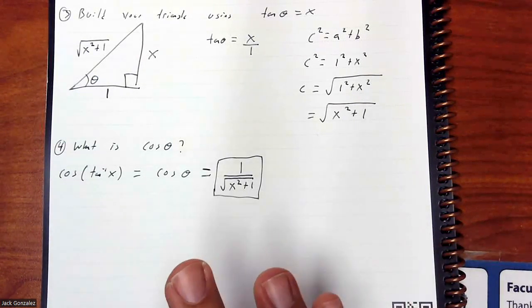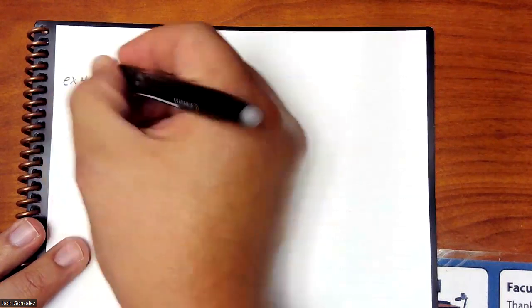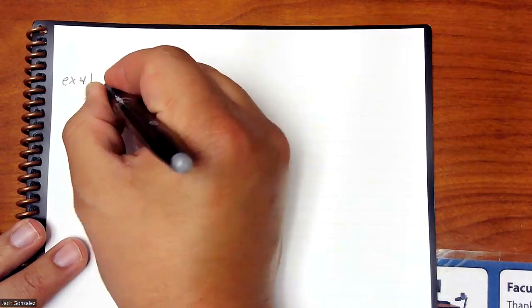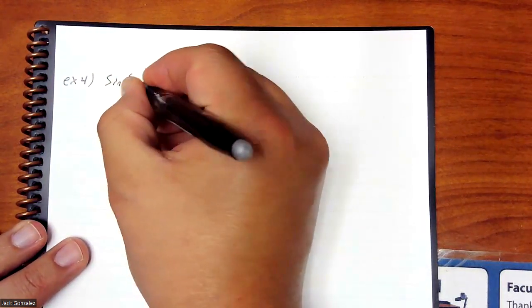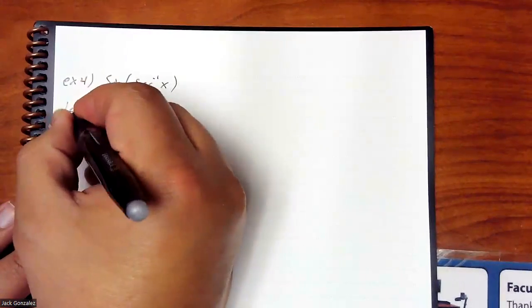This is the last section on test 1. Sine of secant inverse of x. I'll start you off.